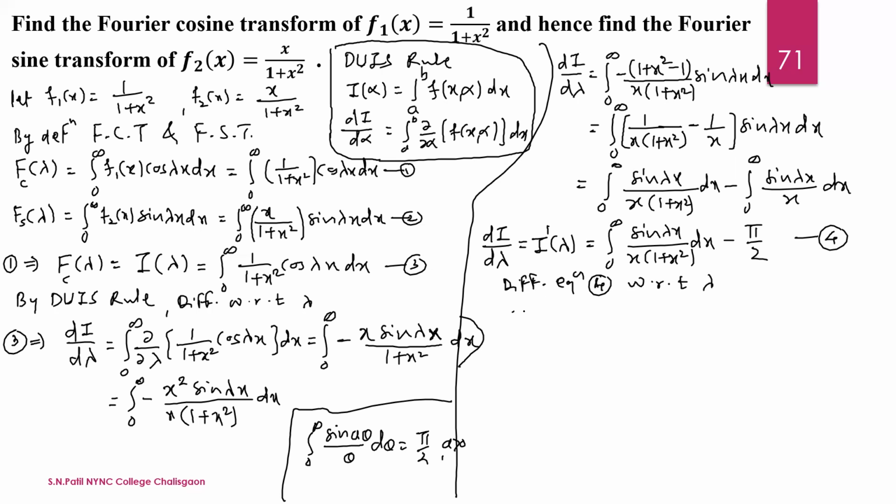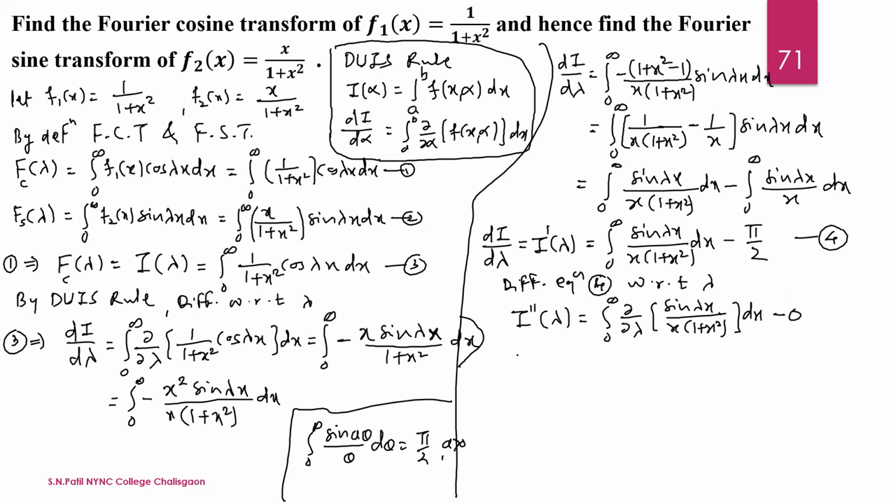Then it becomes the second order derivative I double dash lambda is equal to the integral from 0 to infinity, so we differentiate with respect to lambda sine lambda x divided by x times 1 plus x square with respect to x. And the derivative of this constant is 0.